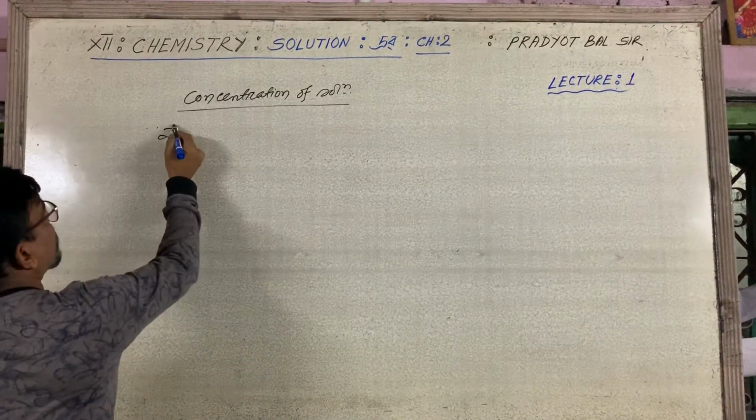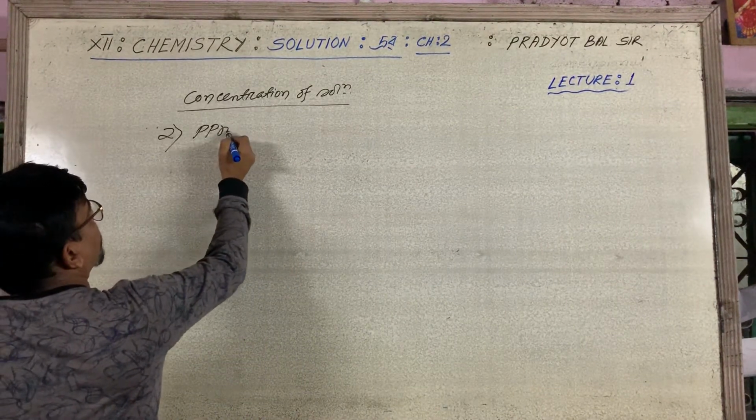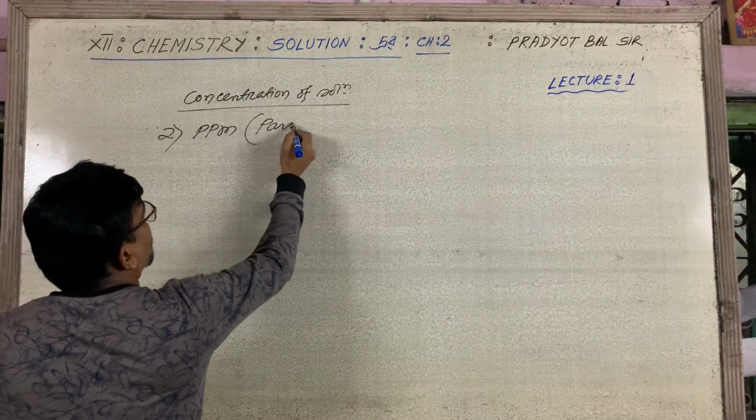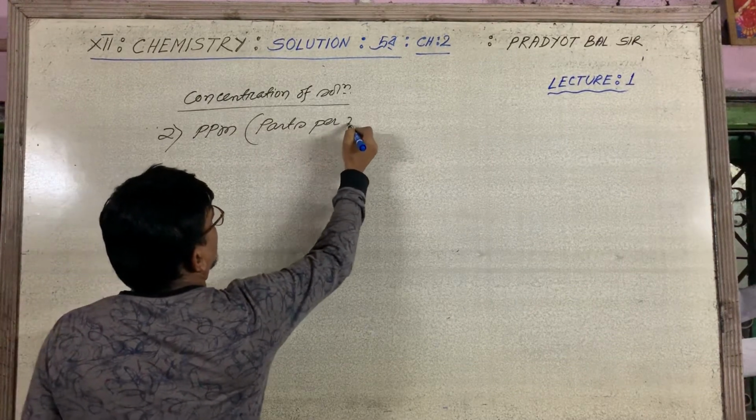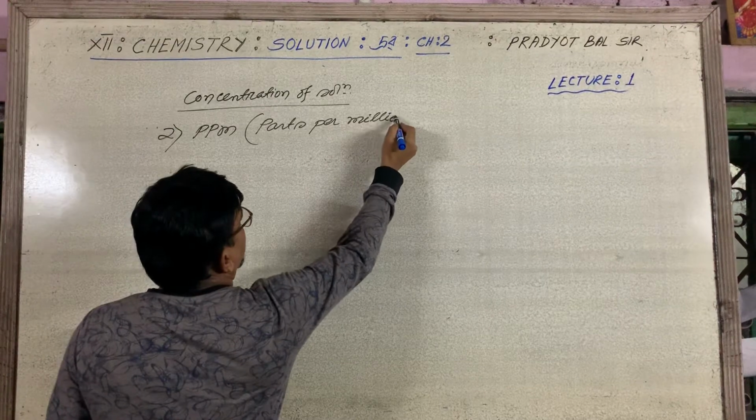Number 2 is ppm. ppm means parts per million.